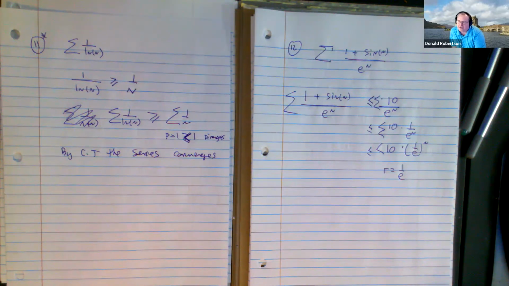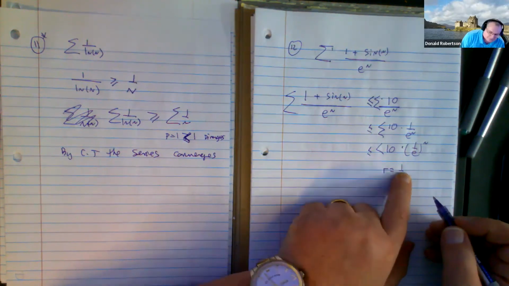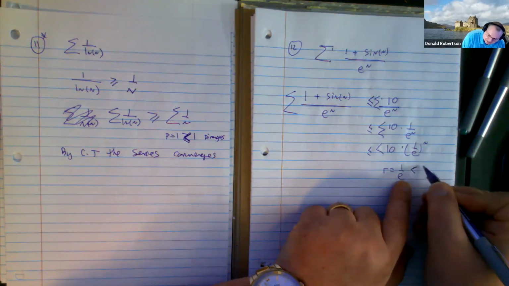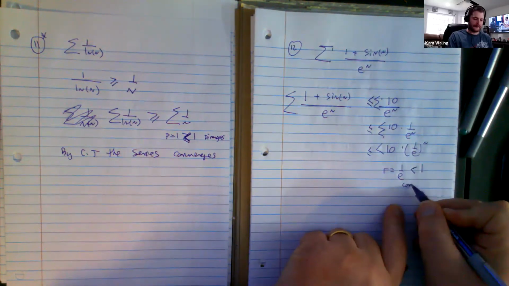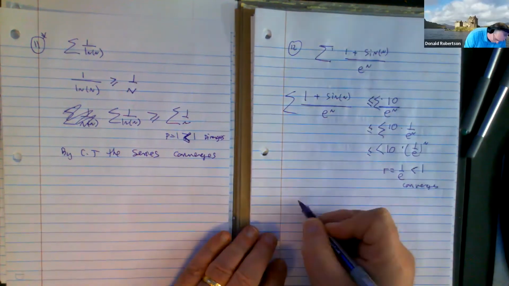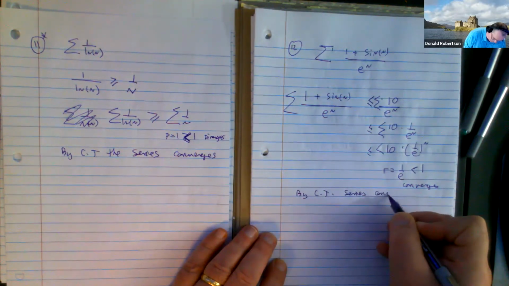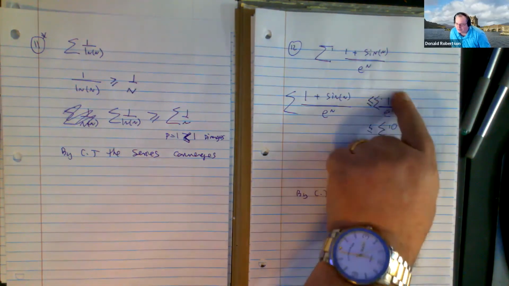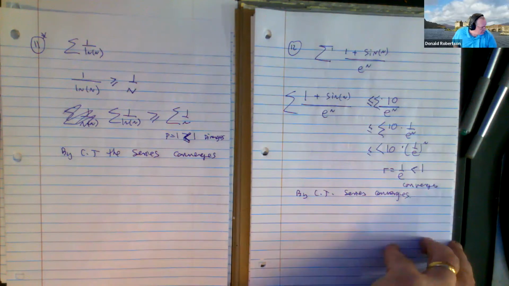R value is 1 over e. Okay, is 1 over e less than 1? Converges. So that makes it converges. So you can then just say, by the comparison test, series converges. In a way, don't you have to know what the answer is so you can figure out what to do over here? You have to know it converges, or you have to kind of assume that you know it converges.